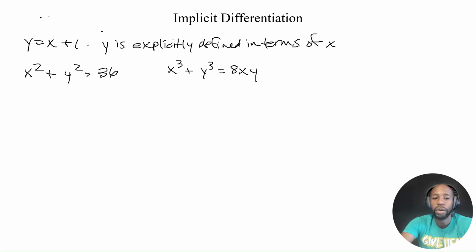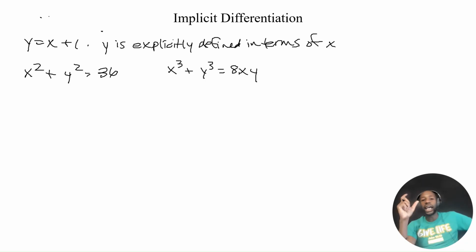This is an equation that is not defined explicitly, but it implies that there's a relationship between x and y. That also can be the equation of a circle, x squared plus y squared equals r squared, if that sounds familiar.